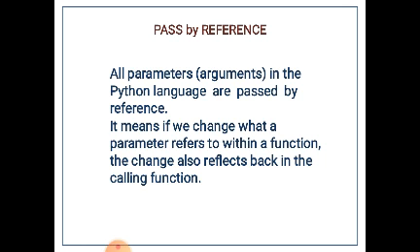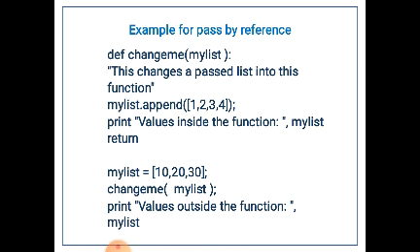So the point here we have to remember is Python accepts only values by reference. That means arguments are passed by reference. Let us see the example here for pass by reference.